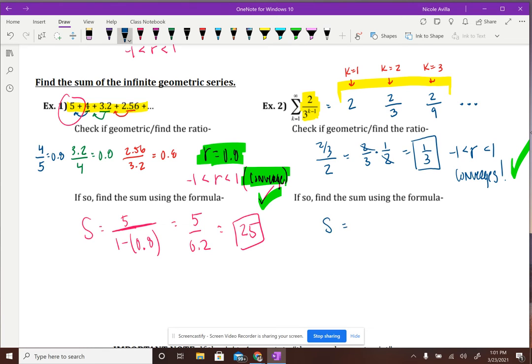So I would do A1, which is 2, divided by 1 minus 1/3. So that would basically turn into 2 divided by 2/3. And when I divide that, I'm going to get an answer of 3. Again, I could do this because I verified the ratio is between -1 and 1.